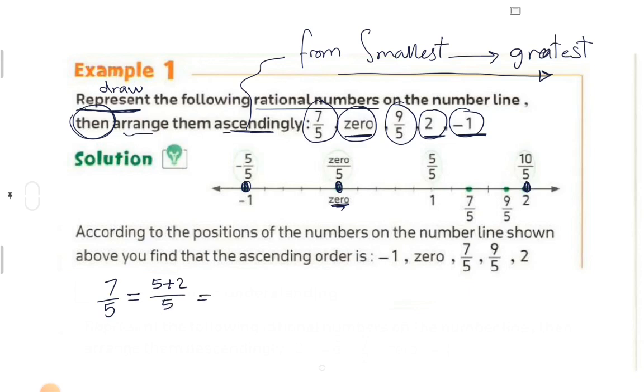Then 5 over 5 is 1 and 2 over 5 remains.